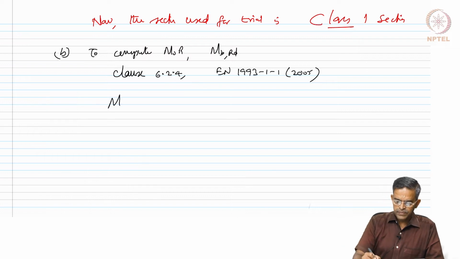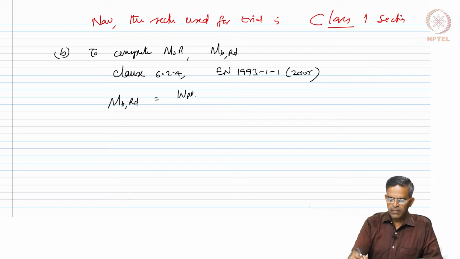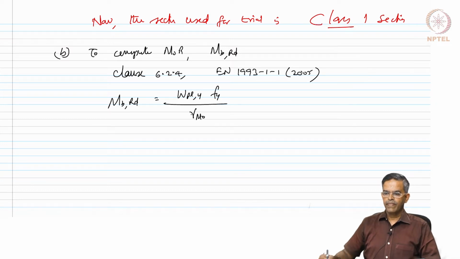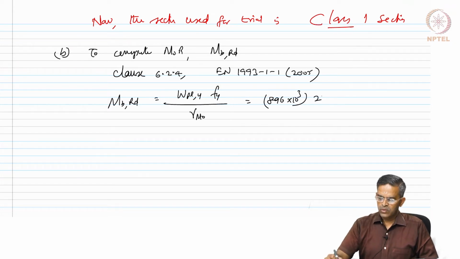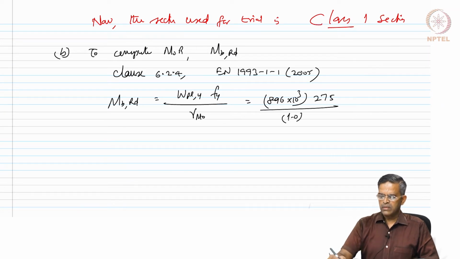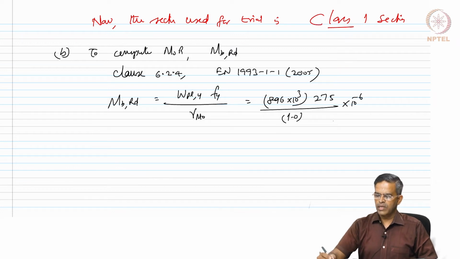According to this, MBRD is given by WPLY into Fy by gamma m naught. So, we will say 896, that is capital W, 275 is my yield strength, and gamma m naught is taken as 1.0, times 10 power minus 6. So many kilonewton meter, which gives me 246.4 kilonewton meter.